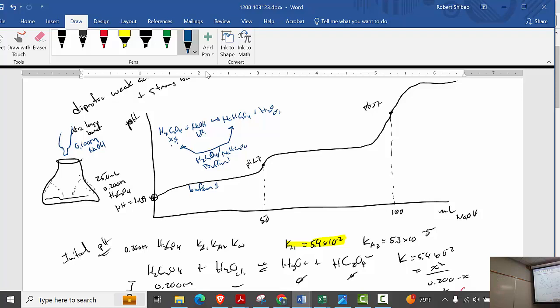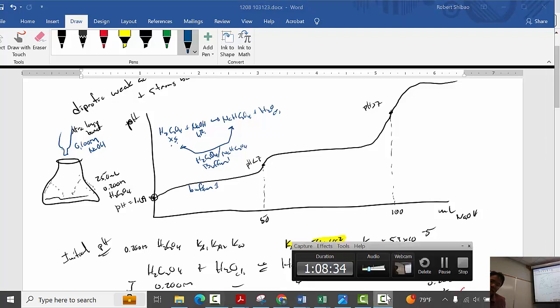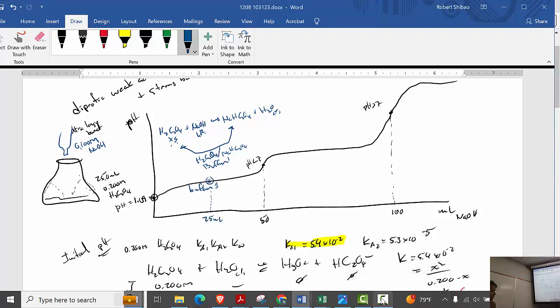All right, and so we should be able to get 5 points easily in buffer 1 region. What's the easiest one to get? So if the Ka were this, then the pKa 1 is equal to the negative log of 5.4 times 10 to the minus 2.